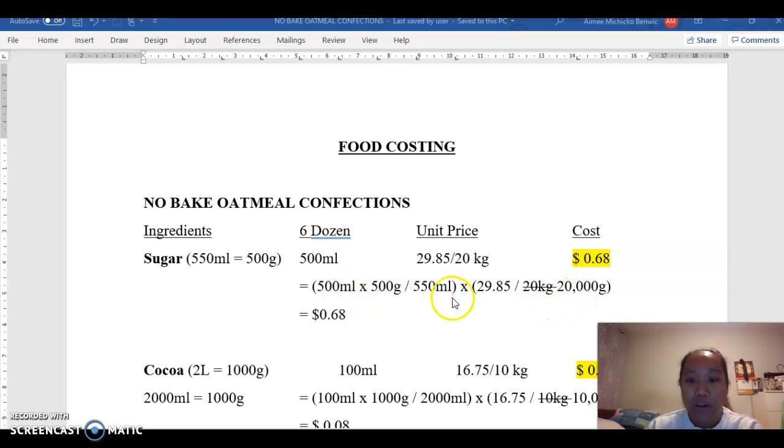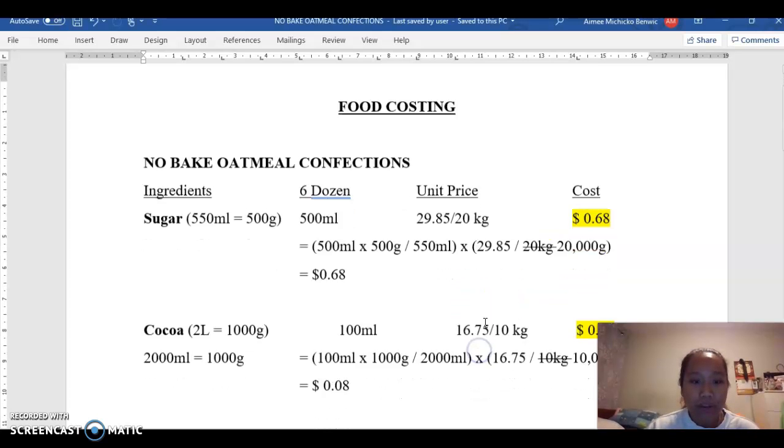As we compute all of this, 500 ml multiplied by 500 grams divided by 550 ml, multiplied by the unit price $29.85 divided by 20,000 grams, that gives us 68 cents. So the cost of sugar is 68 cents.